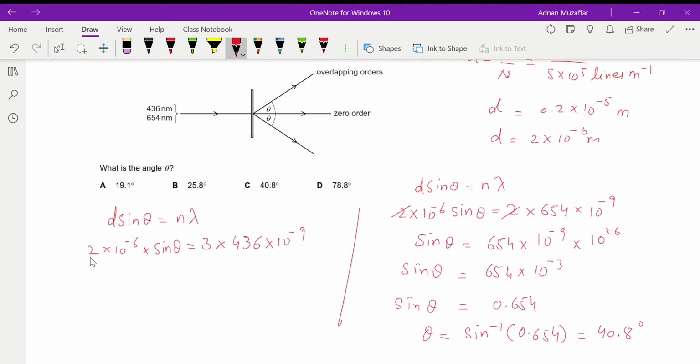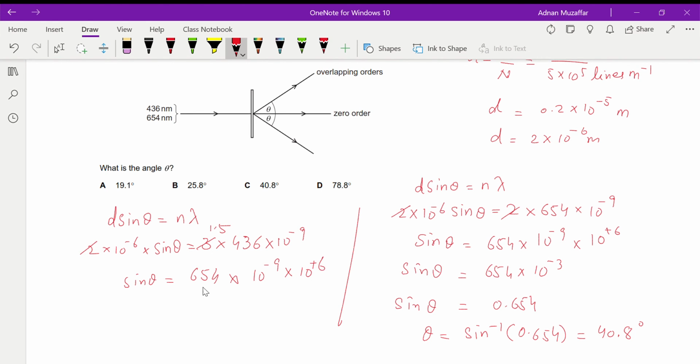Okay, now I can simplify. 2 ones are 2, 2 1.5s are 3. So it means sine theta equals 1.5 multiplied by 436, which will give you 654, into 10 to the power minus 9, and this power 10 to the power minus 6, when I move it to the right side, will be 10 to the power positive 6.